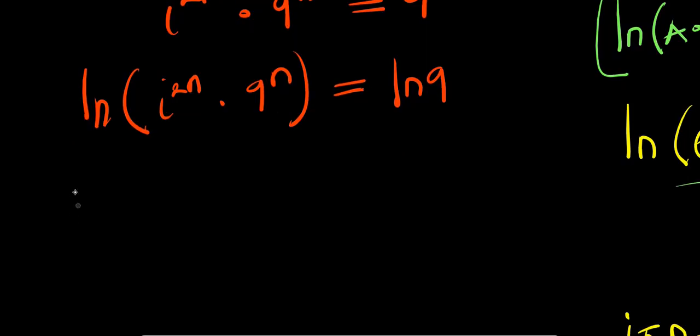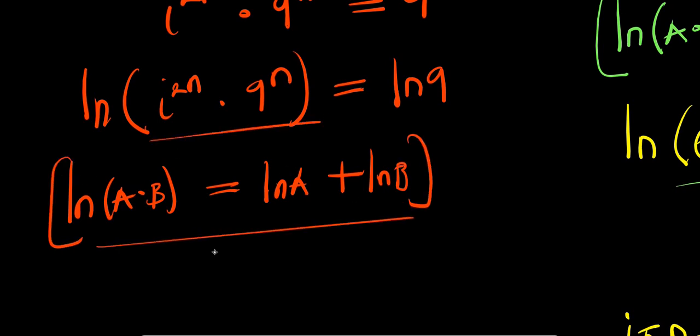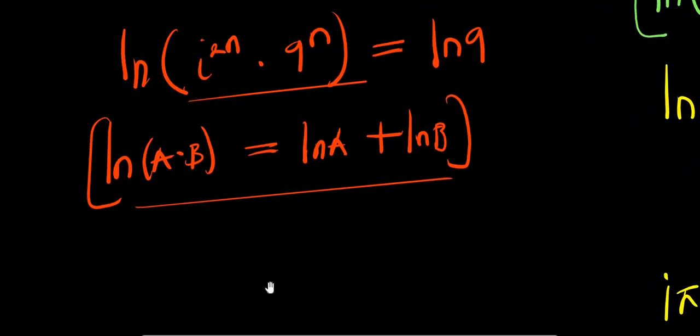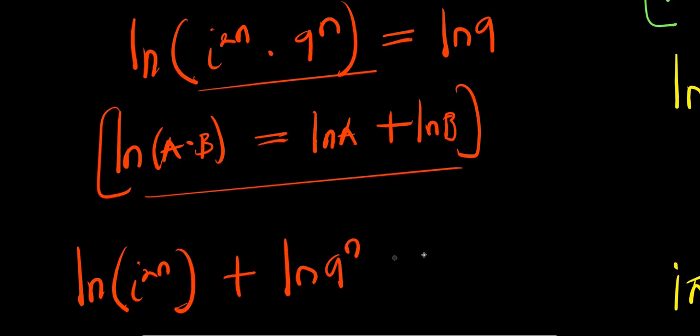So from here, remember, natural log a times b equals natural log a plus natural log b. Applying that here, I have natural log i power 2n plus natural log 9 power n equals natural log 9.